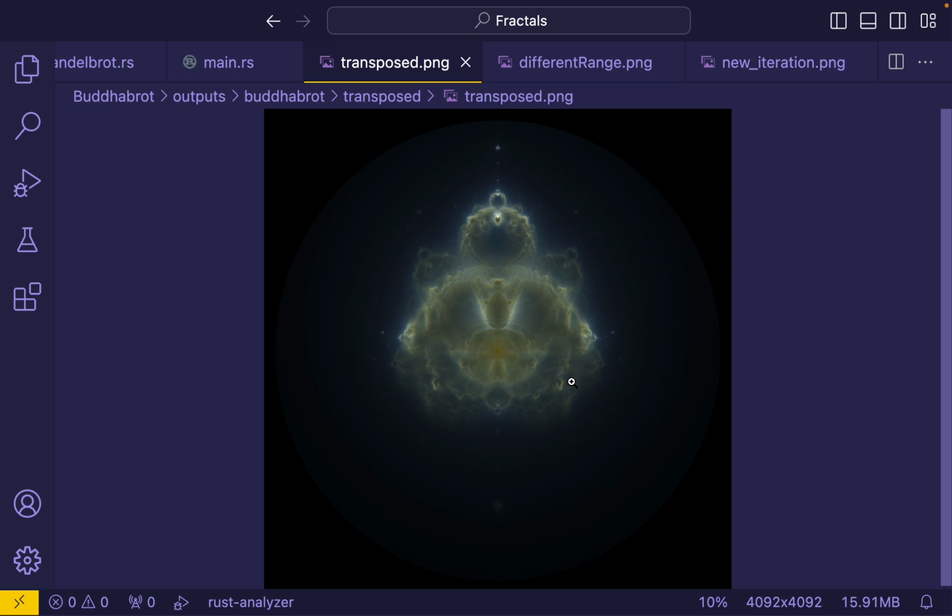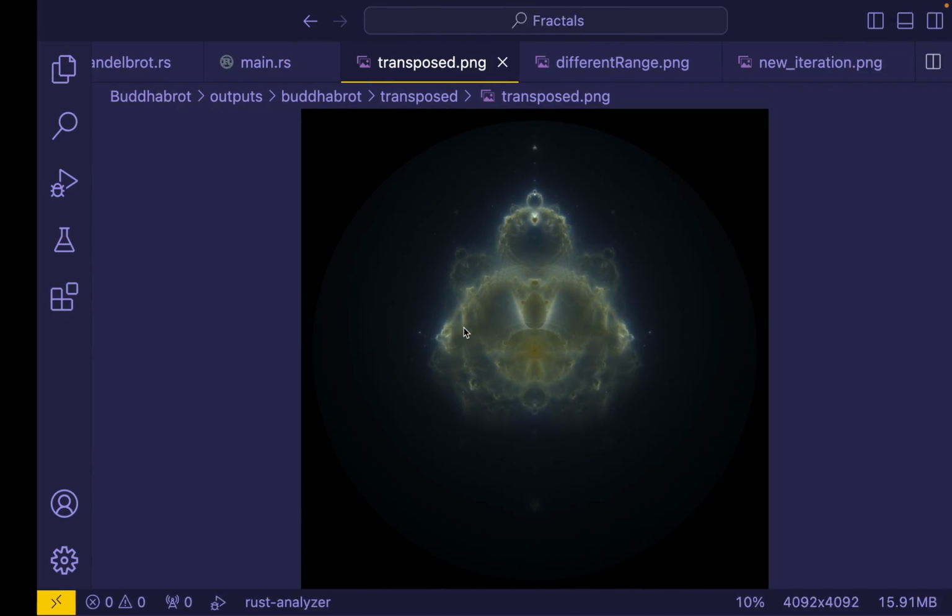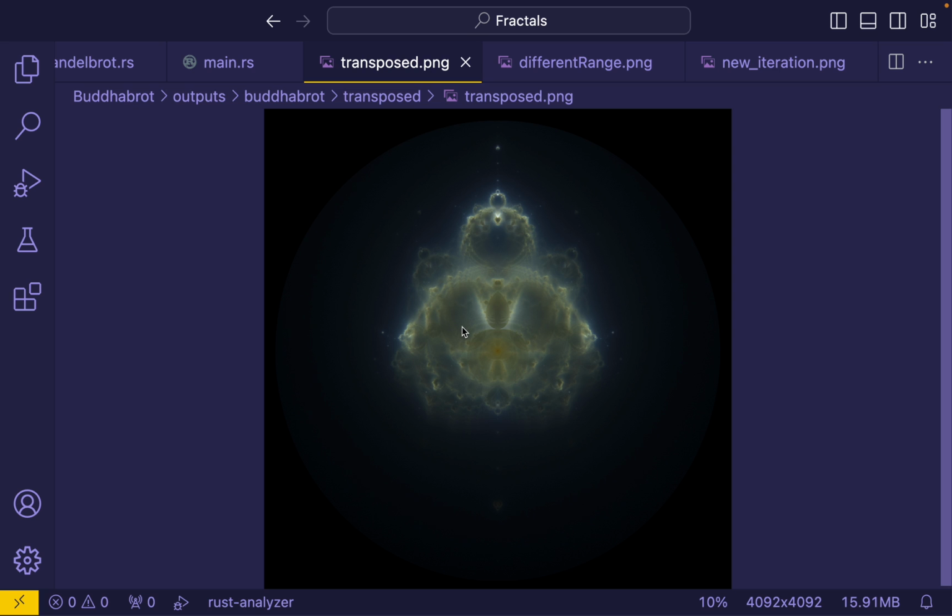But obviously, some of them left earlier. So it's not 5 trillion, but I'd assume it's at least 1 trillion, just from the fact that this is so big. And even the ones that do escape, they're not always escaping instantly.